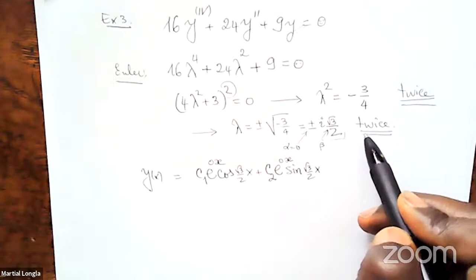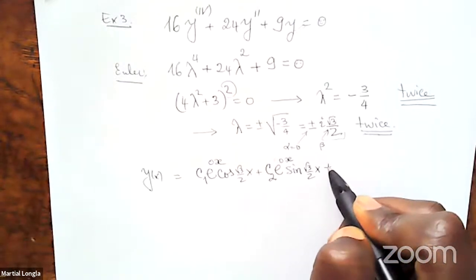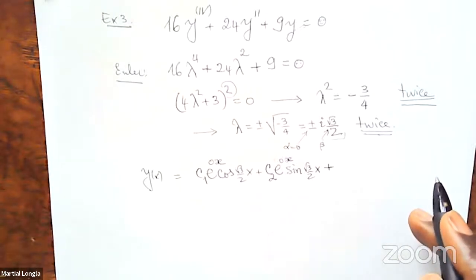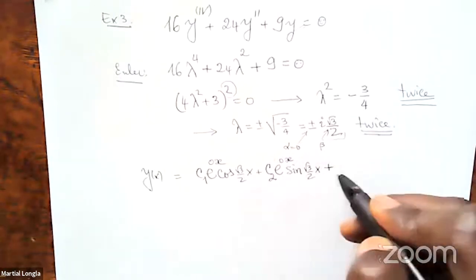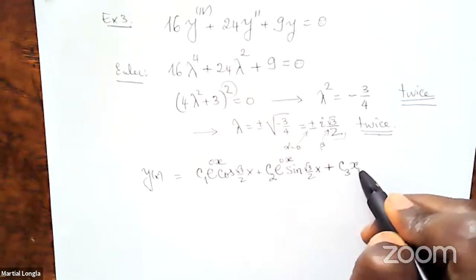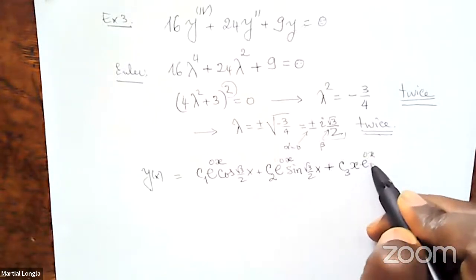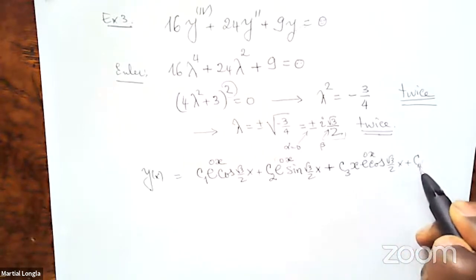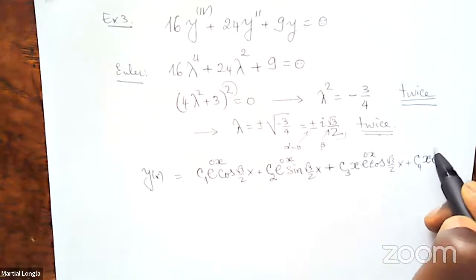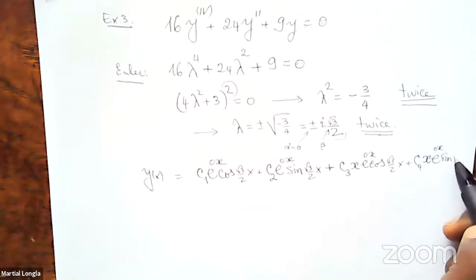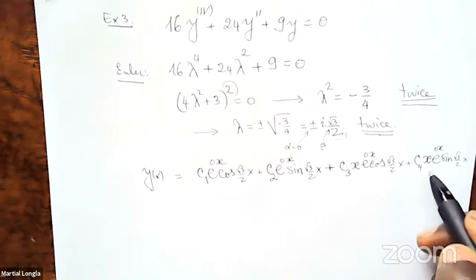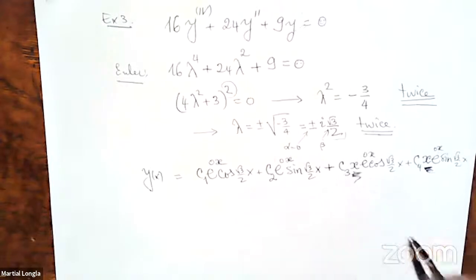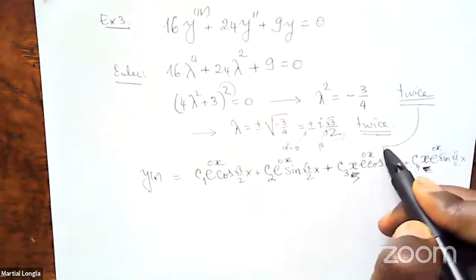Now, because each of them is twice, we are actually going to add x times each of them. Does that make sense? So that's going to be c3 x e to the 0x cosine of root 3 over 2 x plus c4 x e to the 0x sine of root 3 over 2 x. So this and that because of twice.